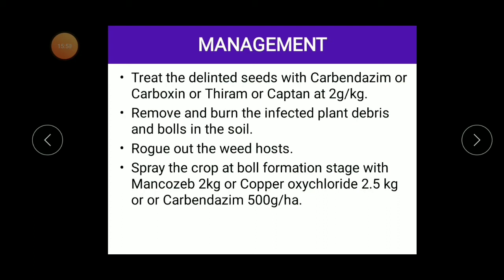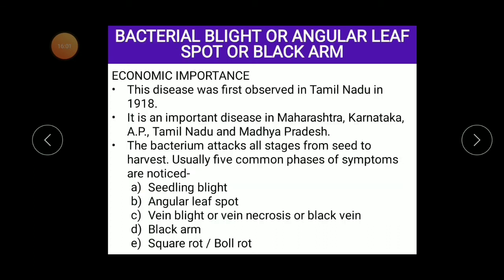Next one is bacterial blight, or angular leaf spot, or black arm.